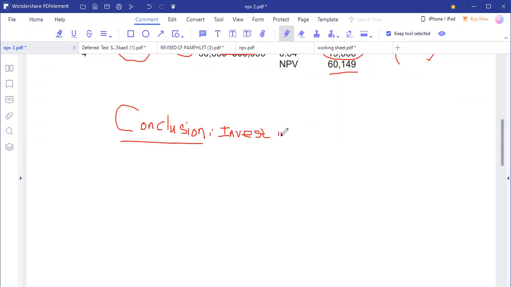Invest in machine 2 with higher NPV. All right, so higher NPV than that of machine 1.